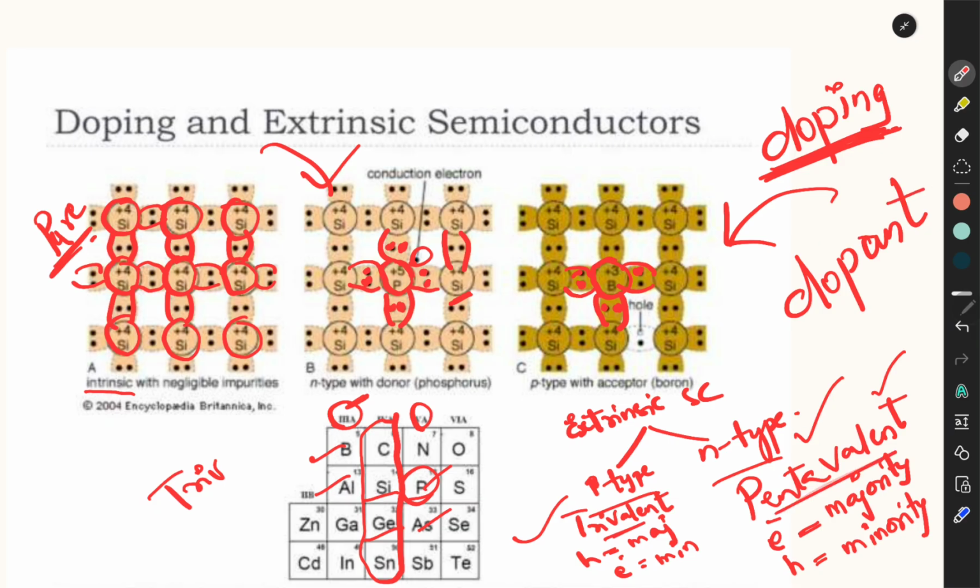When we add a pentavalent impurity, it forms an N-type semiconductor. When we add a trivalent atom, it forms a P-type semiconductor. Examples of pentavalent atoms are phosphorus and arsenic, and examples of trivalent atoms are boron, aluminium, and gallium.